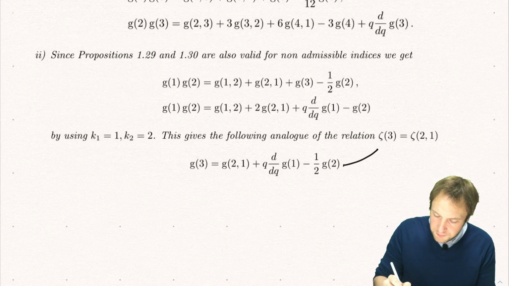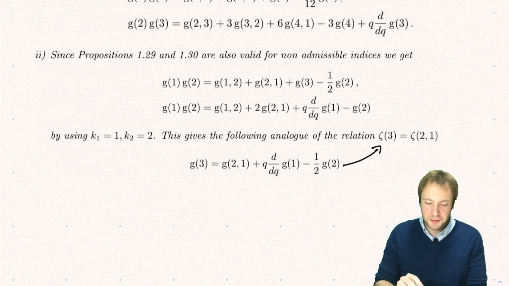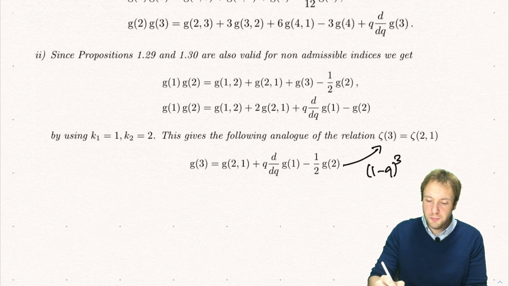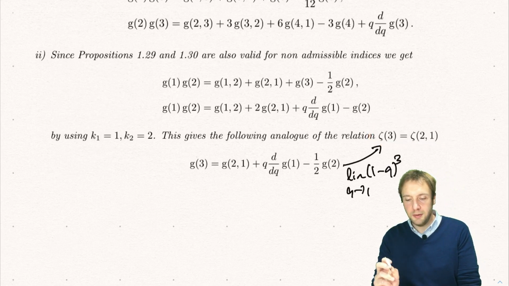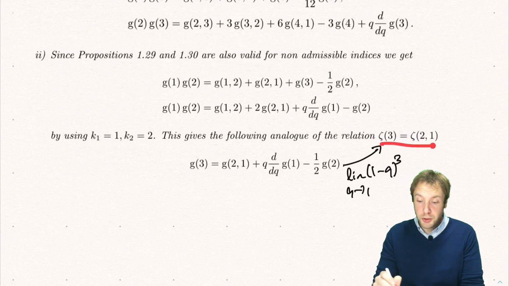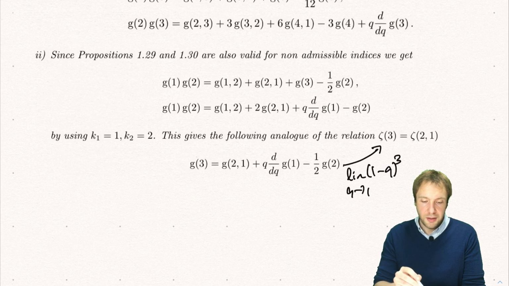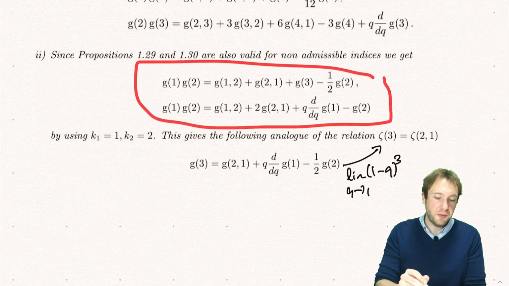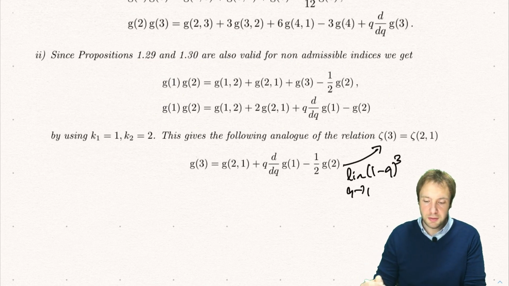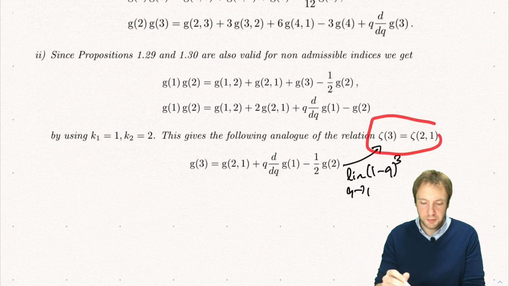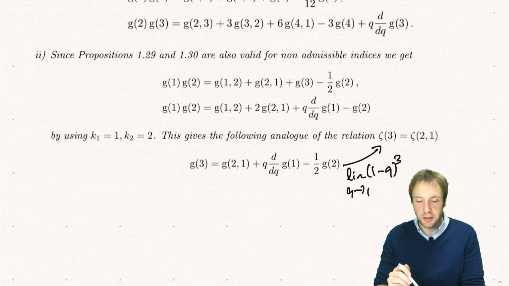And if one sends q to 1 here, so multiply by 1 minus q cubed and send q to 1, then we get back this relation zeta 3 equals zeta 21, which for multiple zeta values we didn't prove by using double shuffle, because this doesn't make sense for multiple zeta values, as we cannot multiply with zeta 1. But in this setup here, we can prove this by using these double shuffle relations.